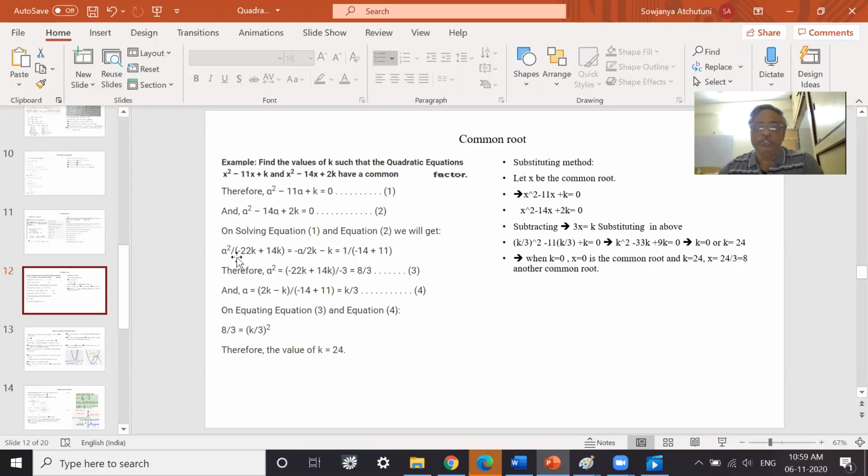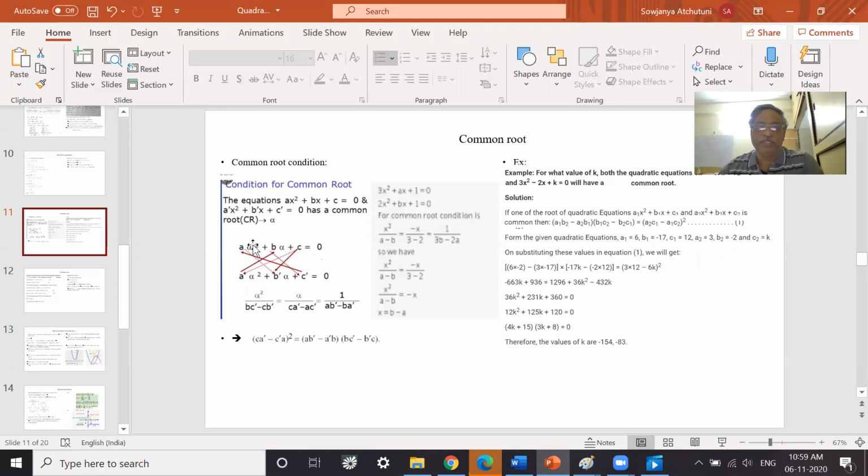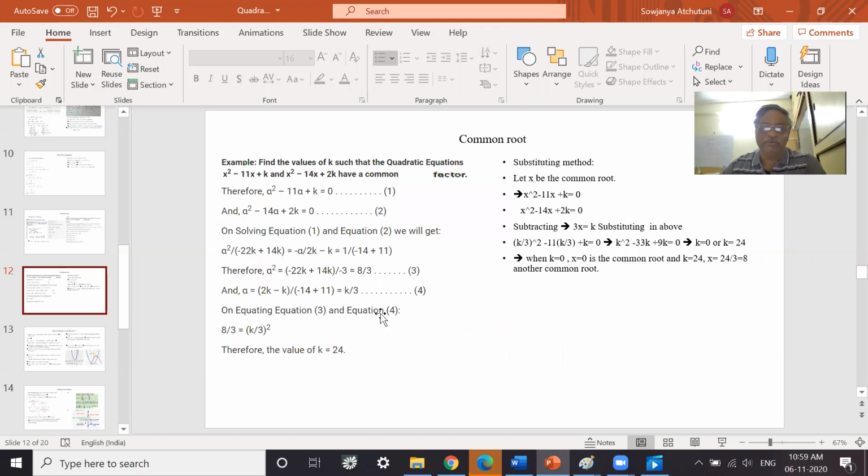We used alpha square by bc dash minus cb dash, alpha by ca dash minus ac dash, 1 by ab dash minus ba dash. Okay, this is the formula we have used here.